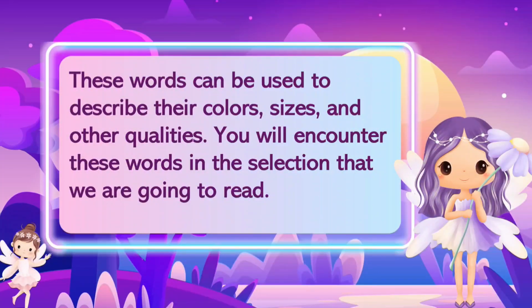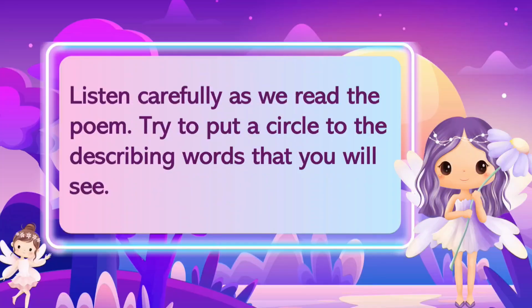These words also can be used to describe their colors, sizes, and other qualities. You will encounter these words in the selection that we are going to read. Listen carefully as we read the poem. Try to put a circle to the describing words that you will see.